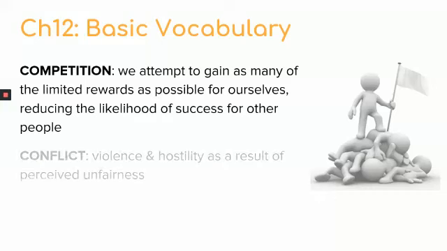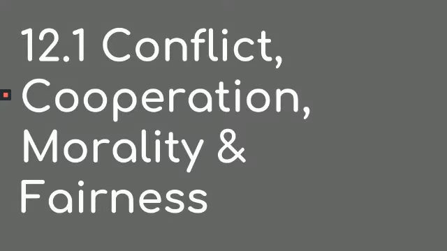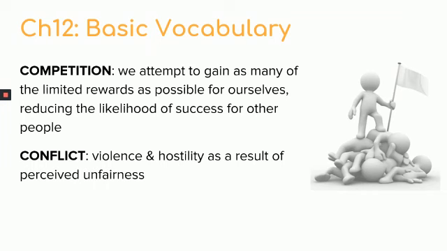And then competition. So we try to look out for ourselves. Dog eat dog world. Typically there's a perception of limited rewards, and so you look out for yourself and you try to grab as much for yourself, believing that there's a limited amount of rewards out there.